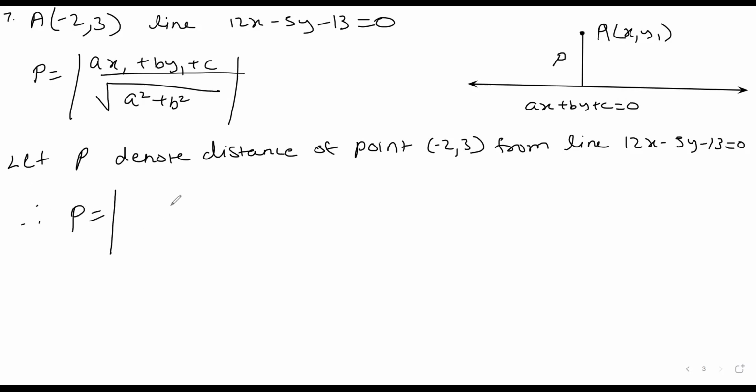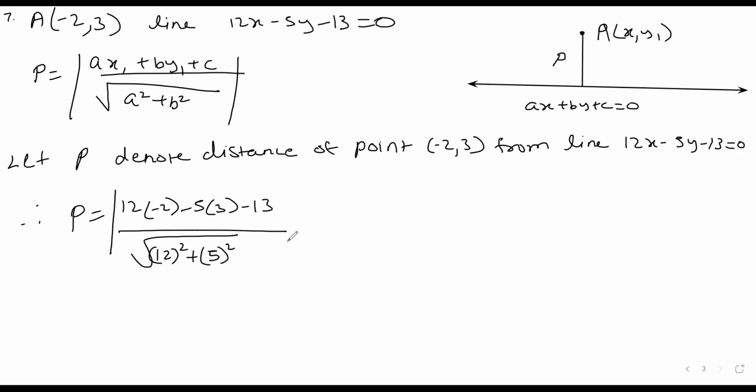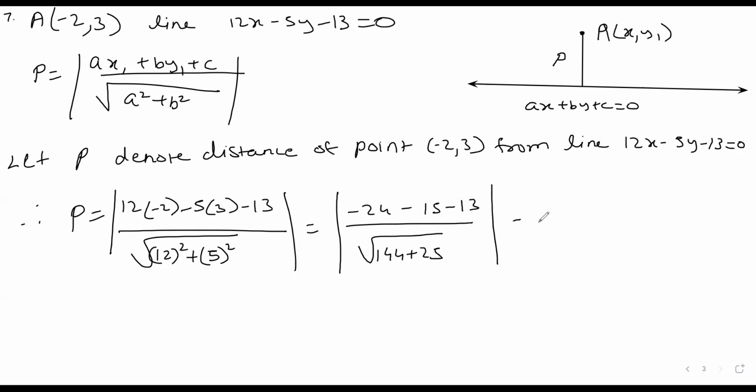Therefore, P will be modulus, because distance cannot be negative, of 12 into -2 plus -5 into 3 minus 13, whole thing upon under root 12 square plus -5 square. That is minus 24 minus 15 minus 13 upon under root 144 plus 25.